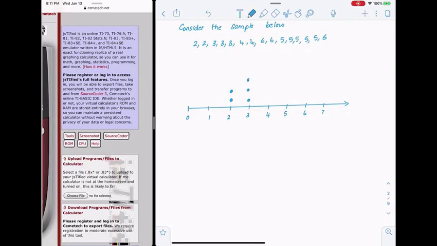Three dots. In terms of fours, I have 2 of them. I have 5 fives. And 3 sixes.